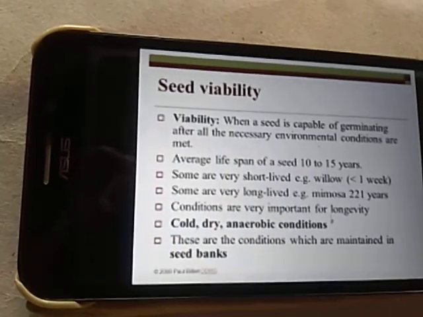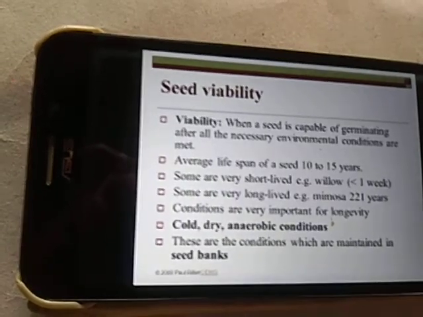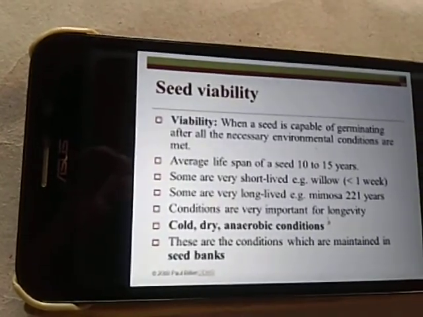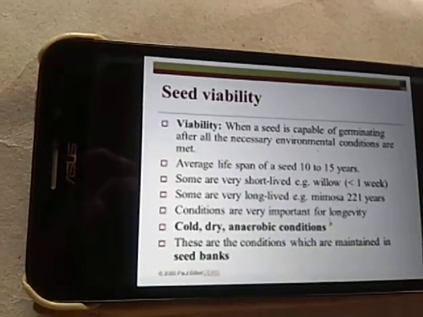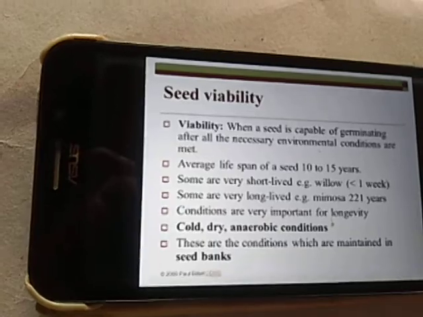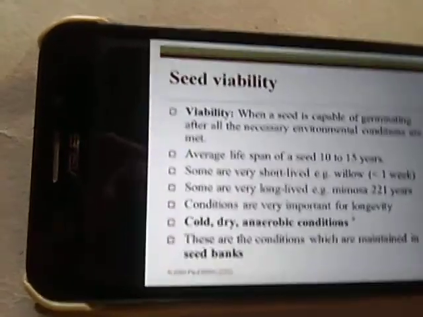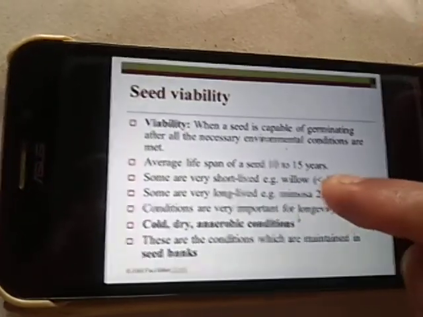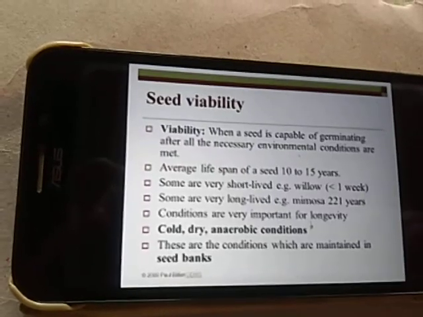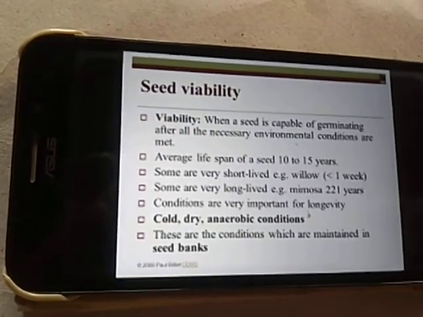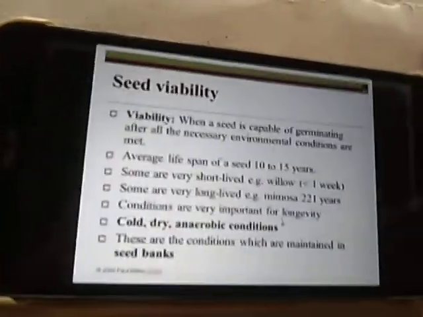Conditions are very important for longevity: dry, cold, and anaerobic conditions. These conditions favor seed viability and seed dormancy. Actually, when the conditions are cold, dry, and anaerobic, the seed will remain dormant for a longer period of time. If the conditions are aerobic and moisture is there and proper temperature is there, the seed will start to germinate.